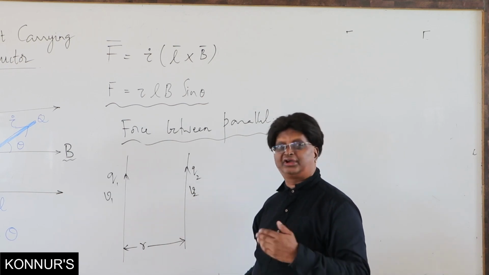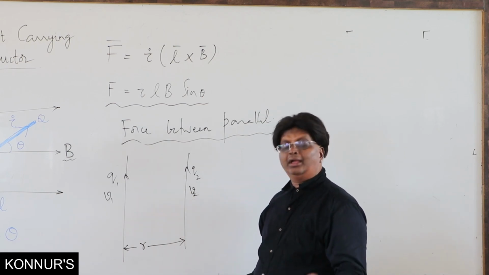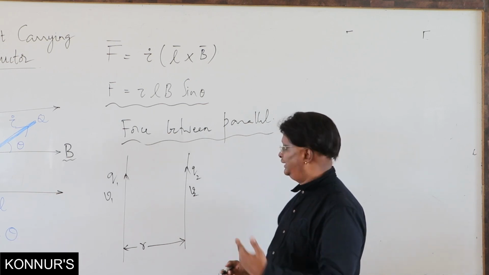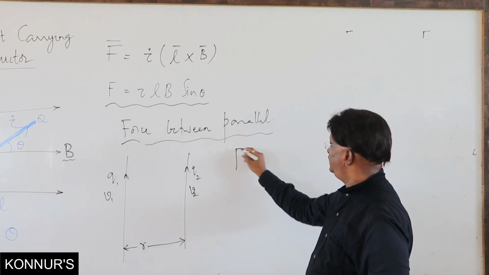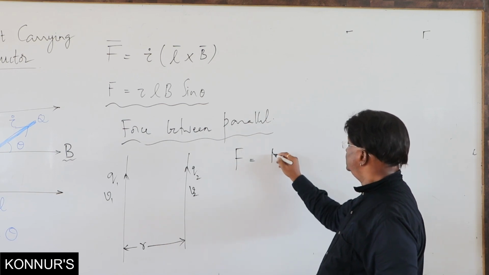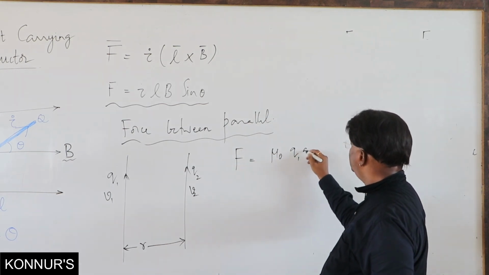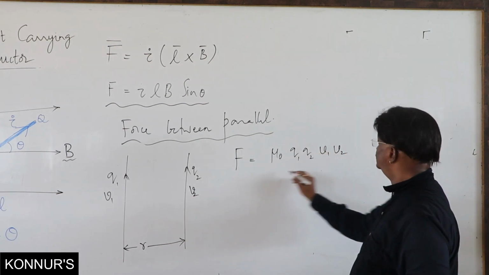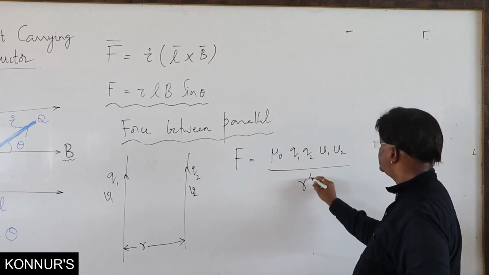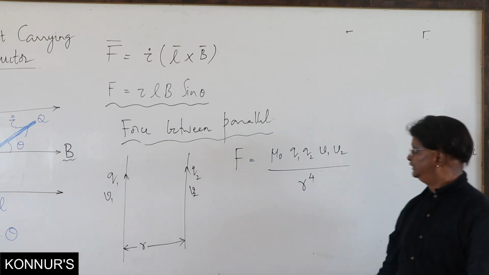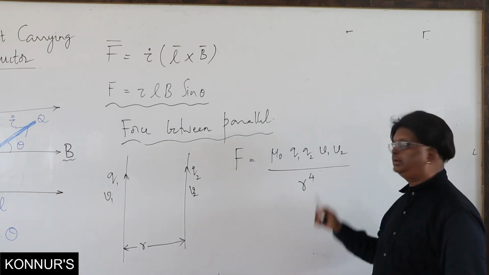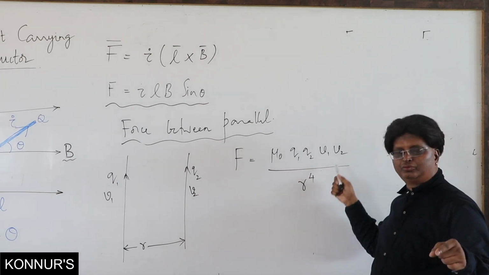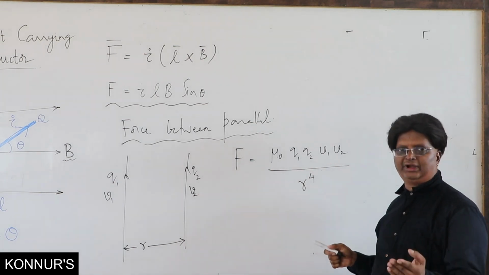Now here also, charges in flow give rise to the same current-carrying conductors, and in this case the expression will be F equals mu naught Q1 Q2 V1 V2 upon 4 pi R squared. F is proportional to 1 by R squared, and F is proportional to V1 V2. All important results.